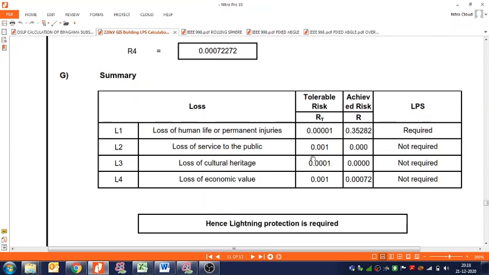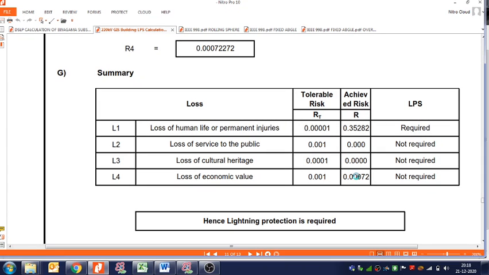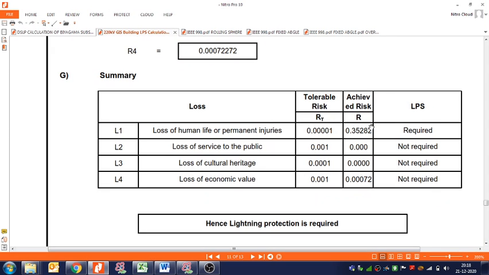In other cases, for the loss of service to the public, this is 10 to the power minus 3, and loss of cultural heritage 10 to the power minus 4. So these are the tolerable risk values, and we calculated the risk value here based on the formula of the IEC, and we compare both values, the calculated overall risk value with the tolerable risk value, and after the comparison we establish whether lightning protection system is required or not.